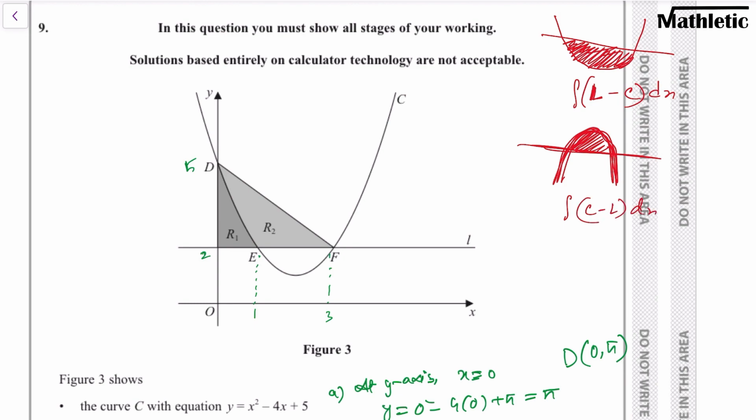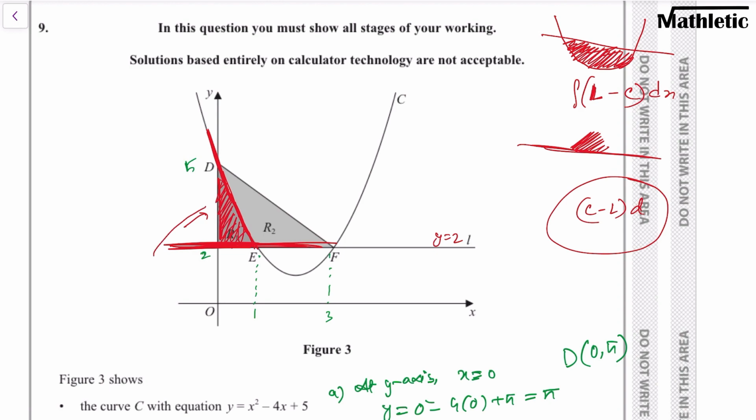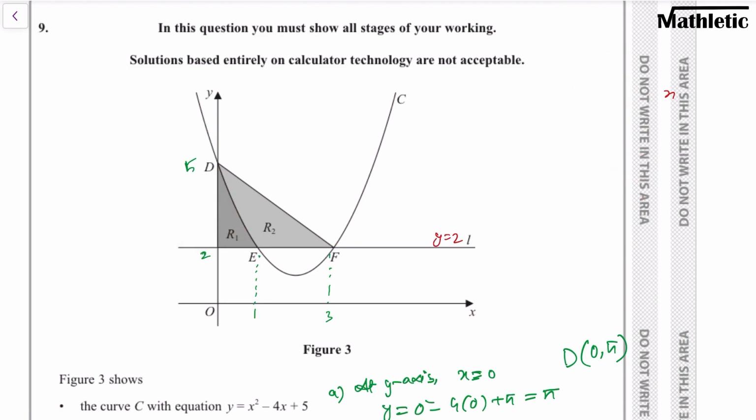In our case, for R1, the curve is above the line, the line we are talking about, y equals 2. So R1 is the area in between curve and line, and we will be using the curve minus line concept.